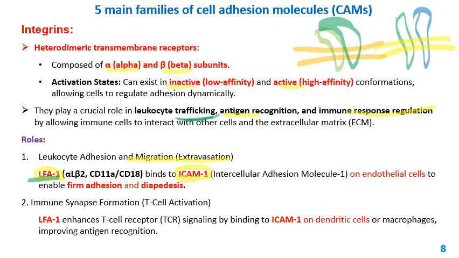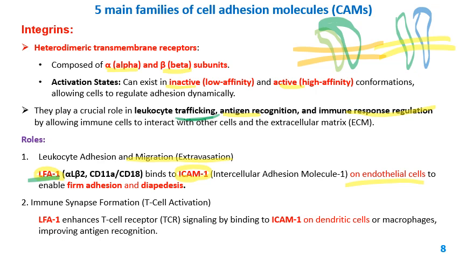So that's important for extravasation. And the ICAM1 is on the endothelial cells of your blood vessels, all right? When you get to the point of interaction of LFA1 to ICAM1, then you get to the strong interaction. That's what is going to push for the extravasation, right?